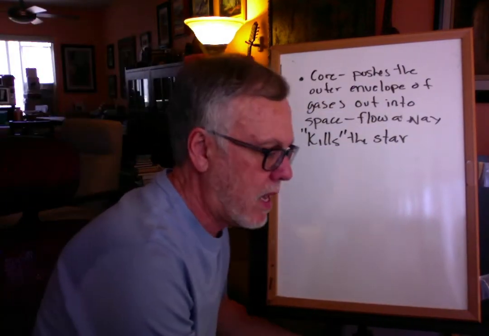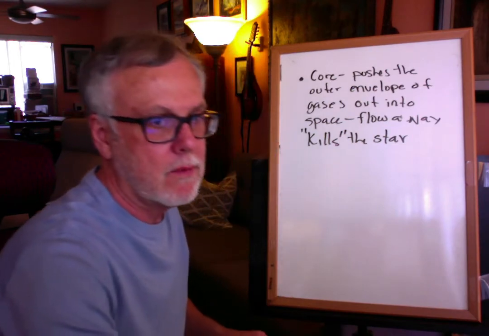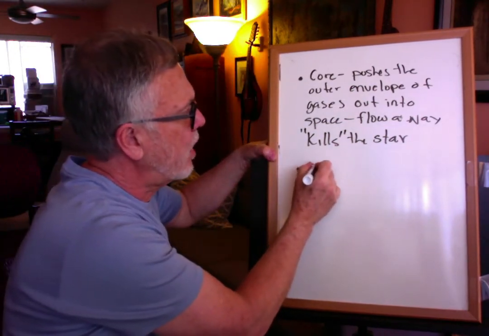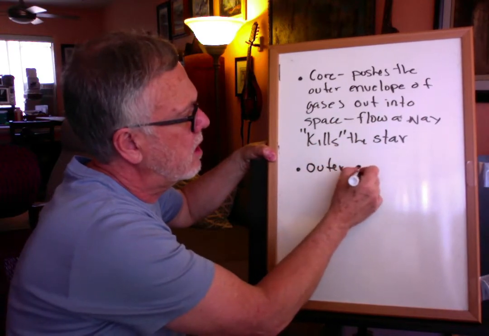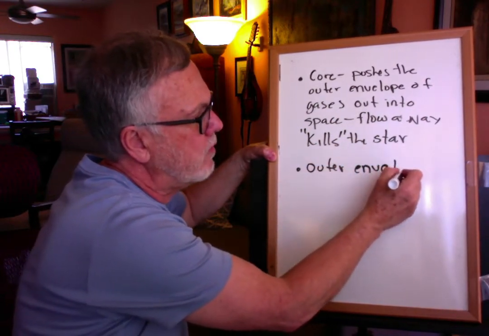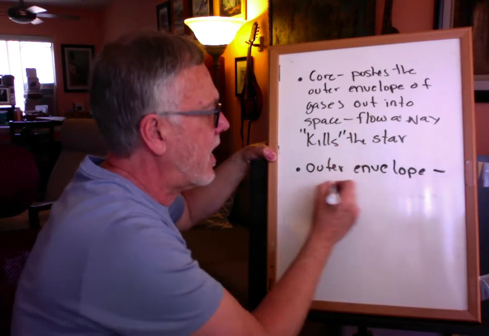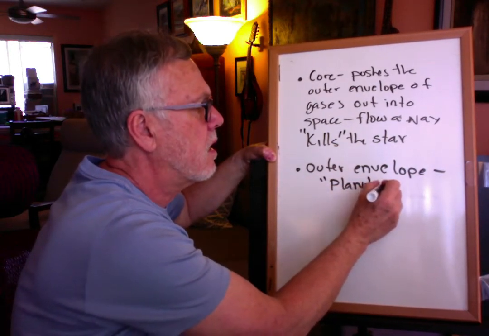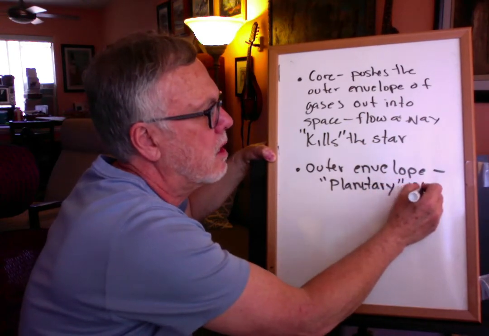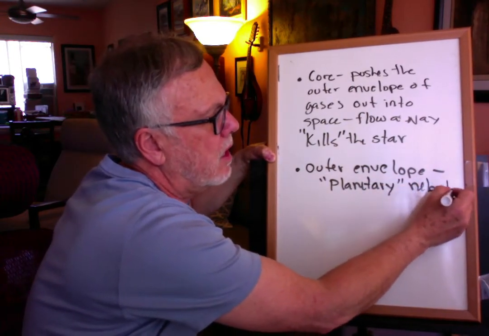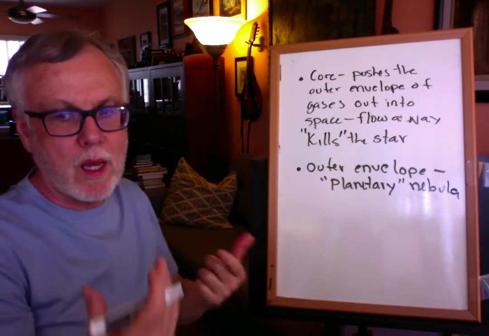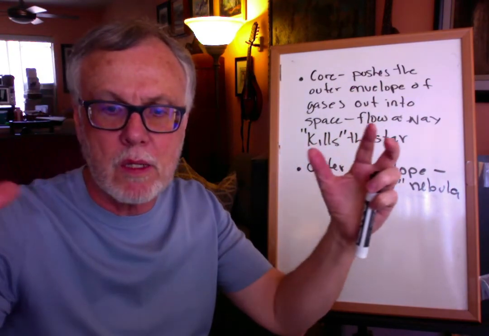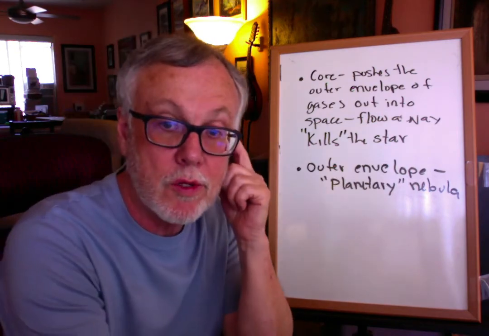So how a star dies, then, is that what's left behind is the outer envelope of gases swelling and moving out, and we call that a planetary nebula. Just a cloud of gas and dust swelling from the death of a low mass star, spreading out into space and getting thinner and thinner over time.